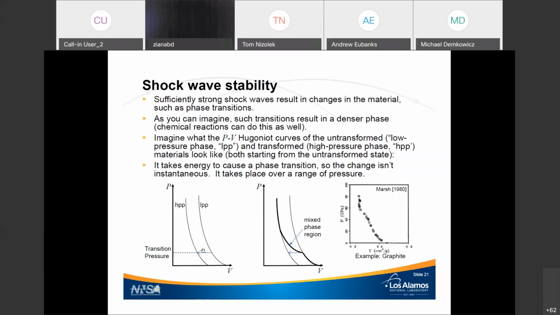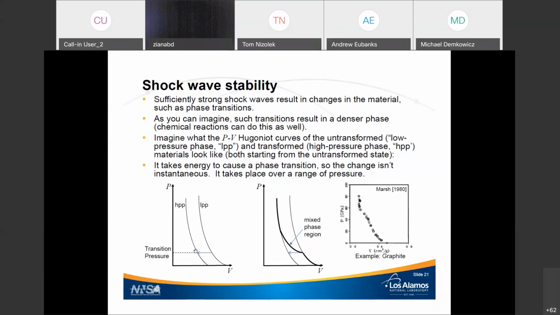They both can go down to some initial zero pressure volume, but the high pressure phase is always going to be at a lower volume than the low pressure phase. And so imagine you have a Hugoniot curve here, and above some pressure, above some Hugoniot state, the thermodynamically preferred phase is going to be the high pressure phase.